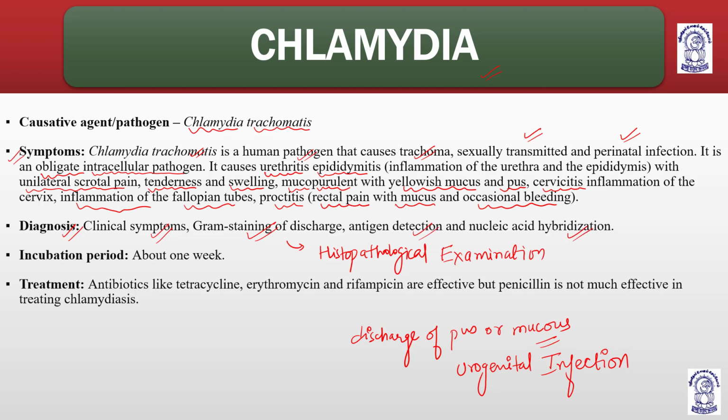The incubation period is about 1 week, and treatment is by administering antibiotics like tetracycline, erythromycin, and rifampicin. Tetracycline, erythromycin and rifampicin are effective, but penicillin is not much effective in treating chlamydiasis.